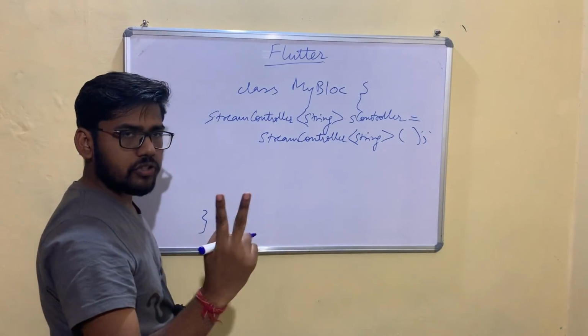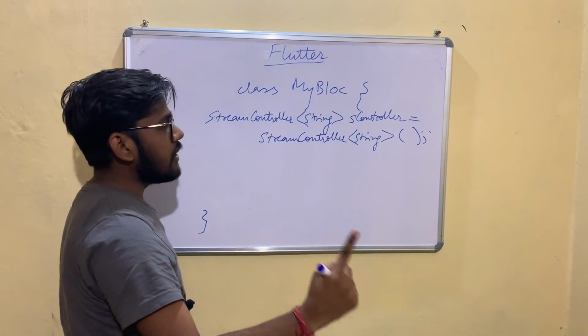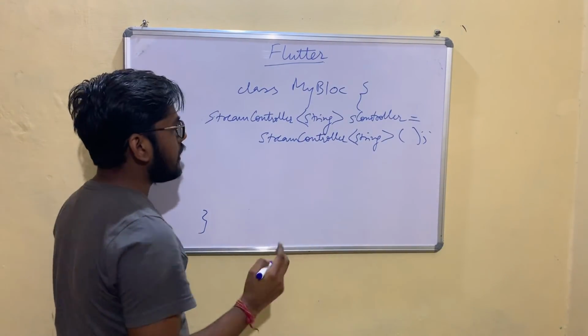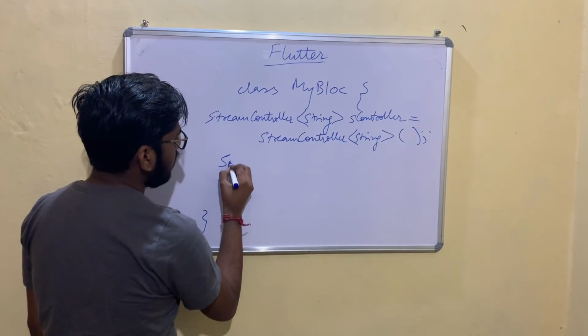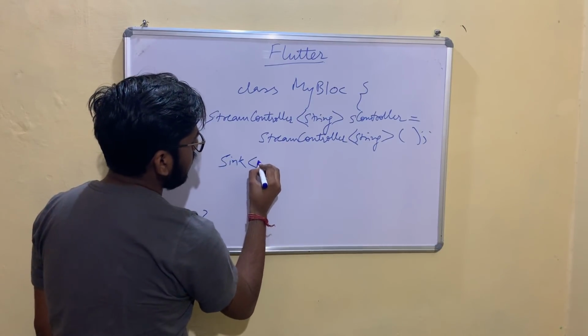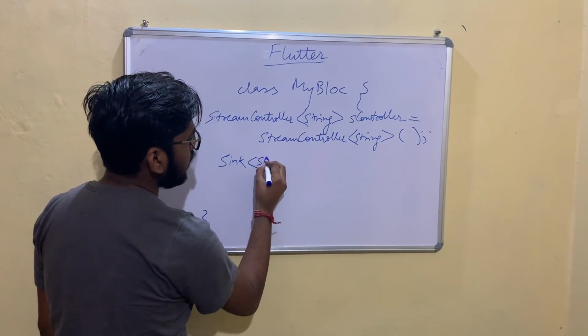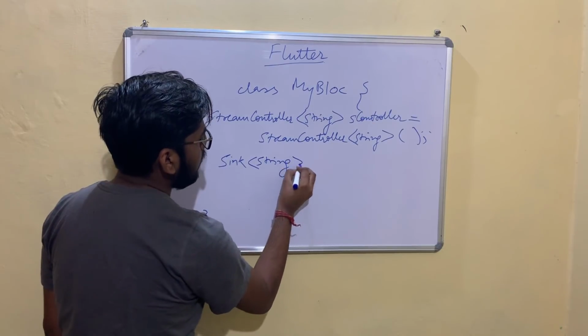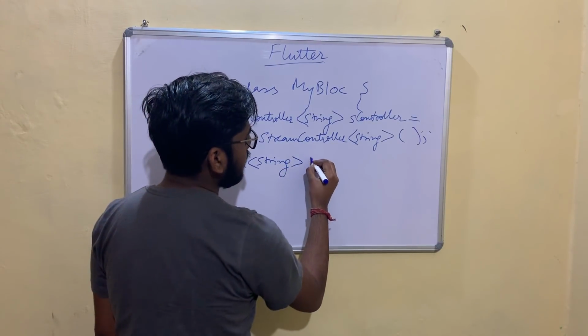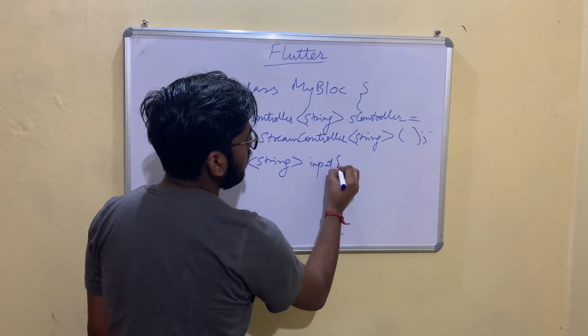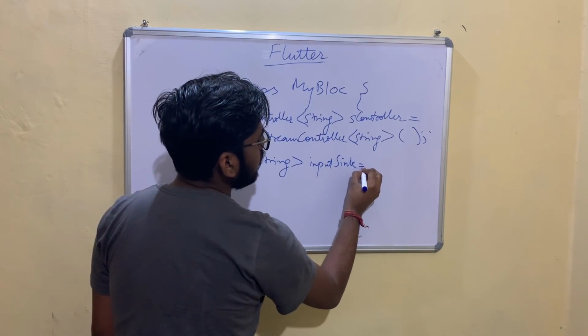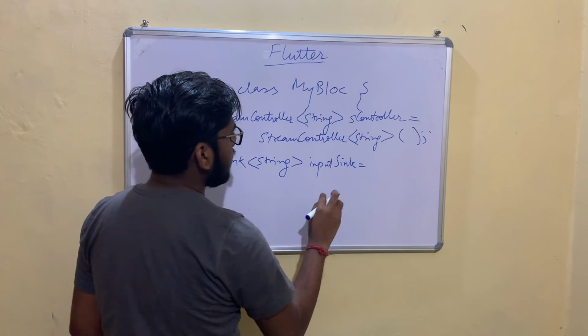Now I need two more things: one is the sink and the other is the stream property. For the sink, we can just say Sink, and what kind of input I want to take, let's say String, and I can call it inputSink, or whatever name you want to give. Let's make it a property.